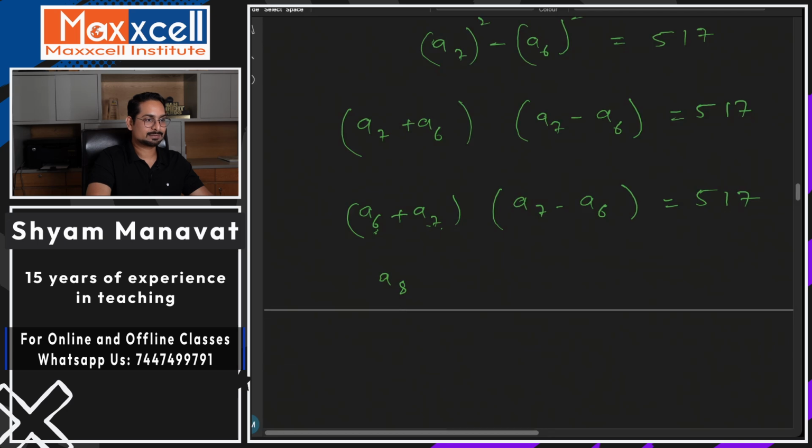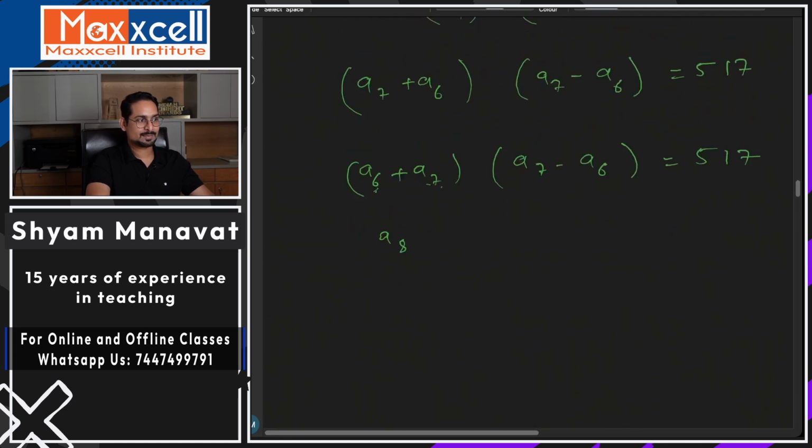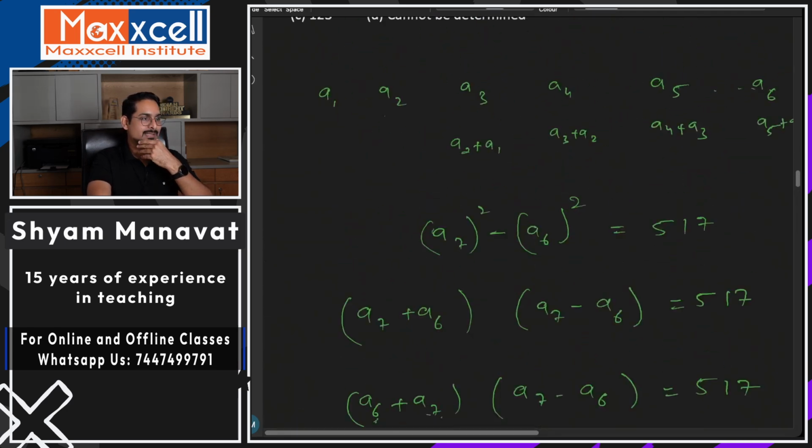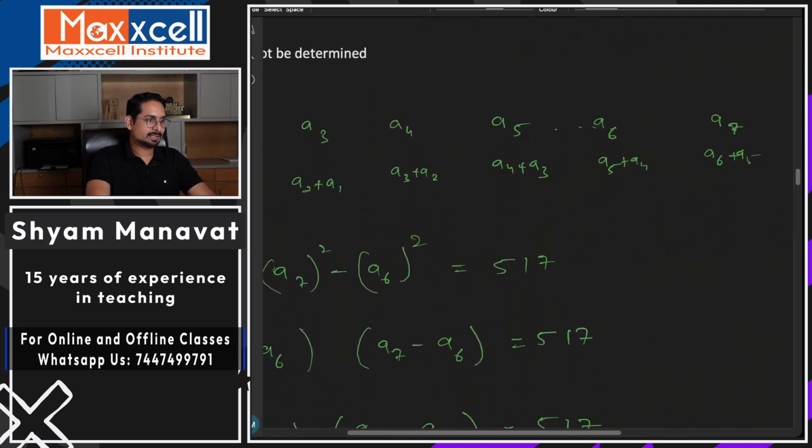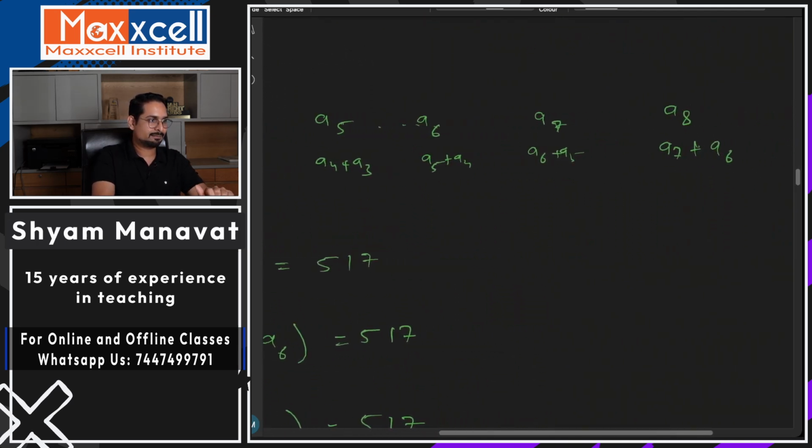A7 minus A6, what could it be? Now think about it. Where do you have A7 and A6? You have A7 and A6 here also, and here also.